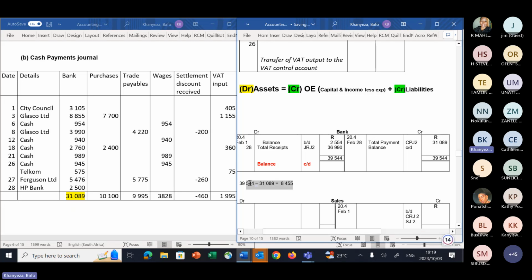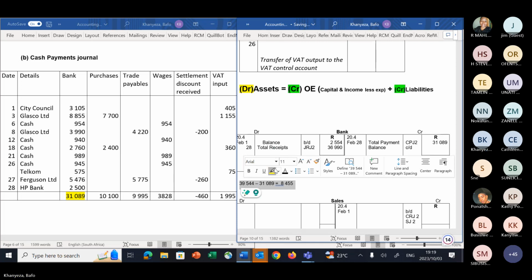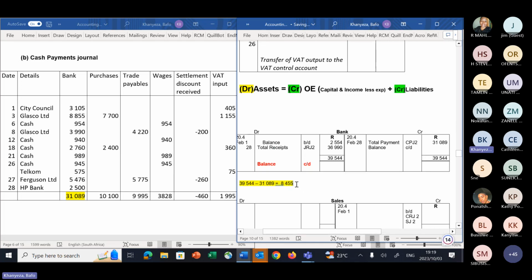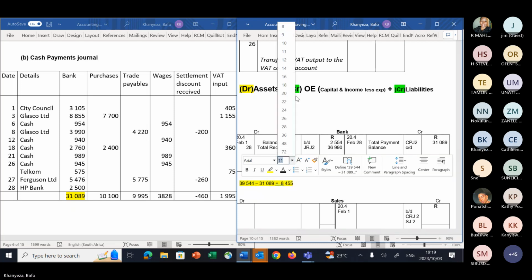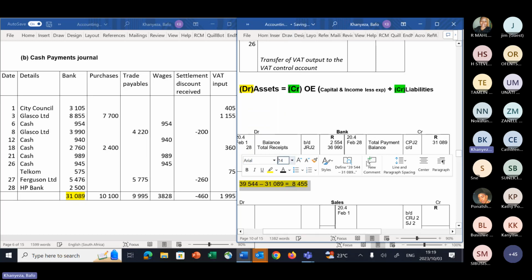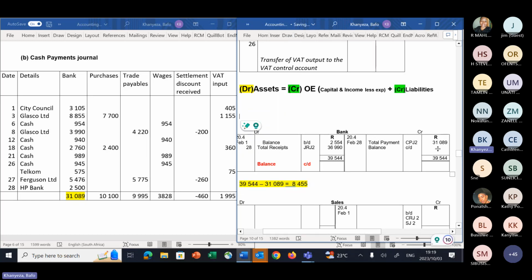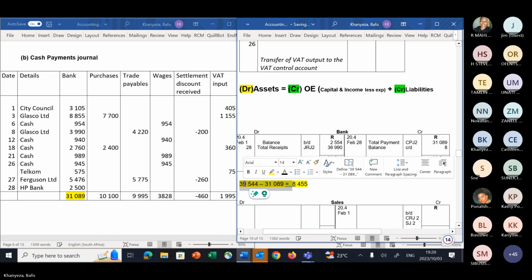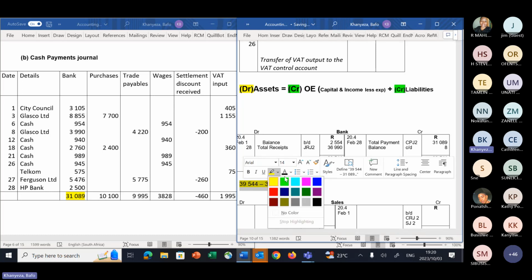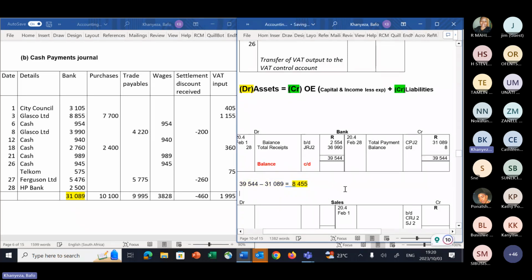So this is when we were calculating the balancing figure. This means the balancing figure is 8455, because we try to find which amount can balance this account. 8455.